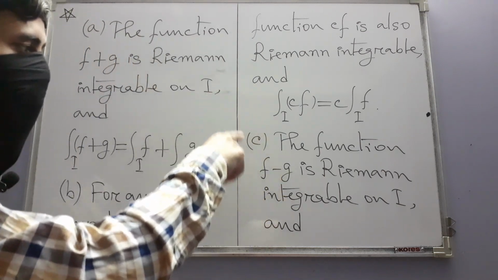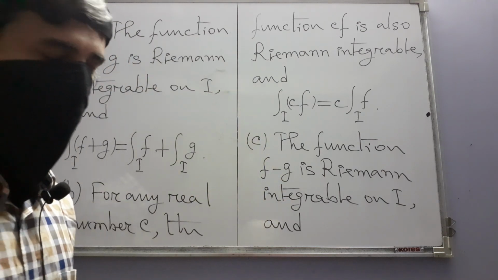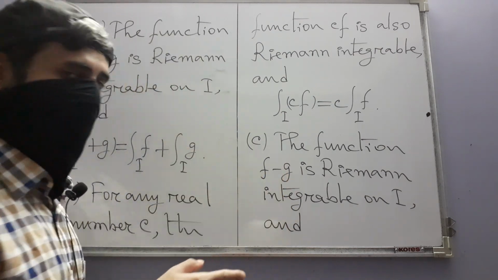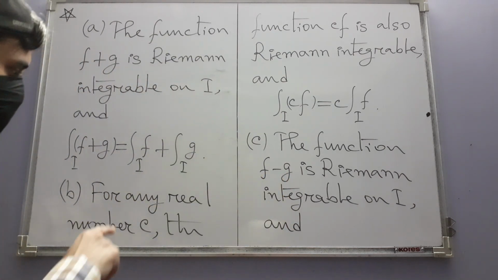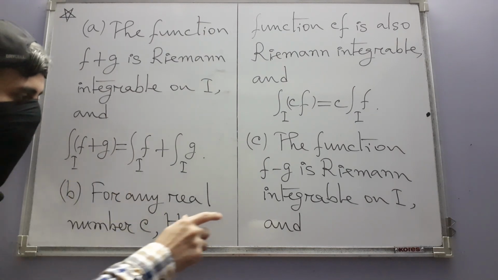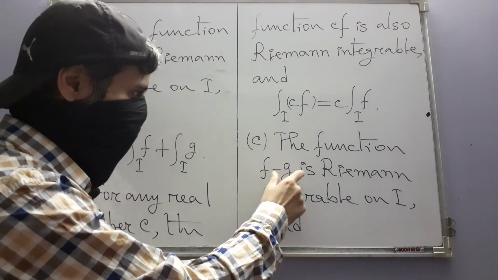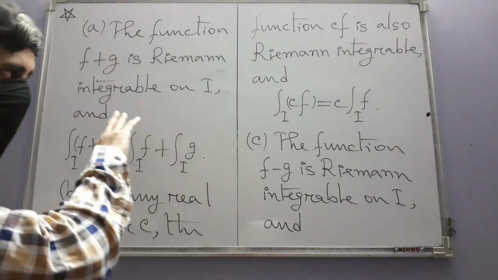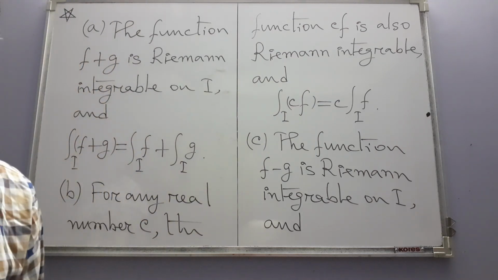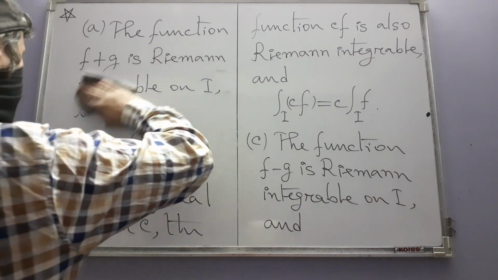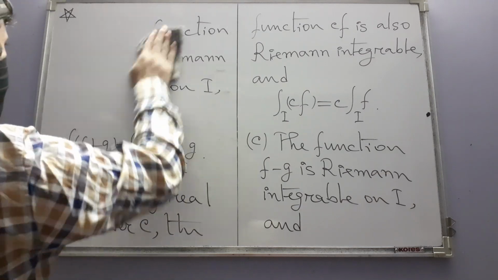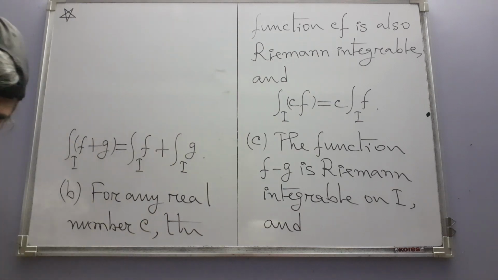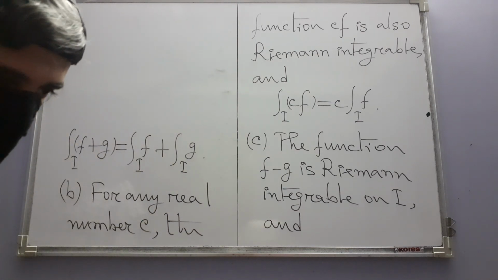So by part B, minus g is also Riemann integrable. And so the sum of f and minus g will also be Riemann integrable by part A. So that's how we get this conclusion that f minus g is Riemann integrable. But that's not all. We also get the formula for its integral, which is nothing but this.